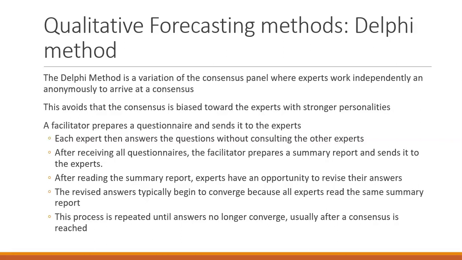One of the downfalls of the Delphi method is that it can be very time consuming, especially when we're determining how we're sending information back and forth. In the past, before computers and email and electronic information, this was done very manually.